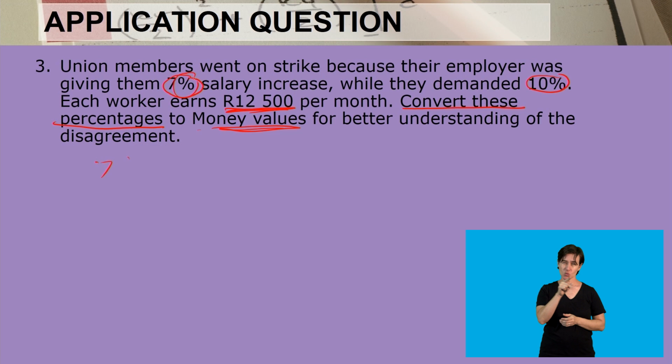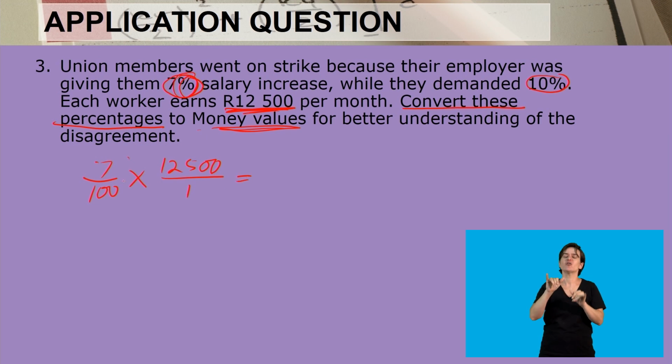Because of the percentage sign, 7 divided by 100 comes out as a fraction, which we then multiply with the total amount, which is 12,500, divided by 1. I said divide by 1 because you are able to multiply the numerators together and the denominators together. Easy to work out. And dividing by 1 keeps 12,500 as the same value.